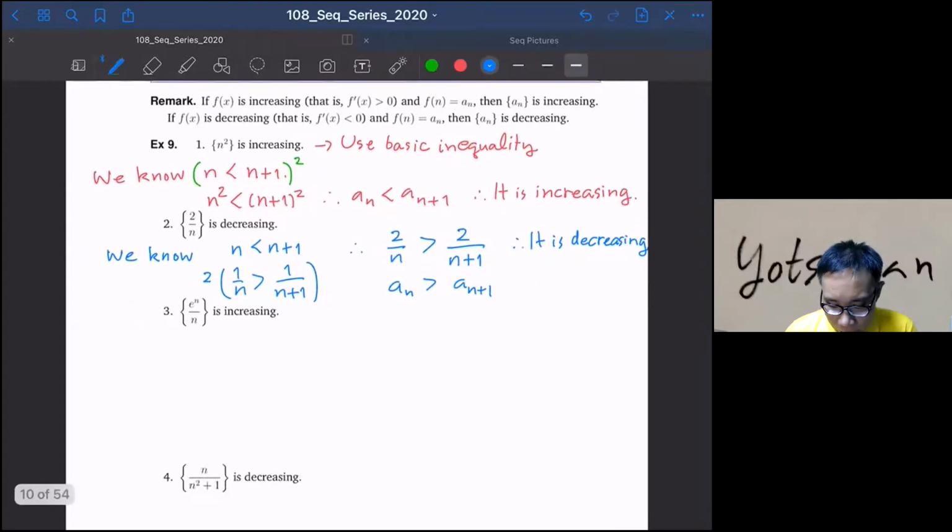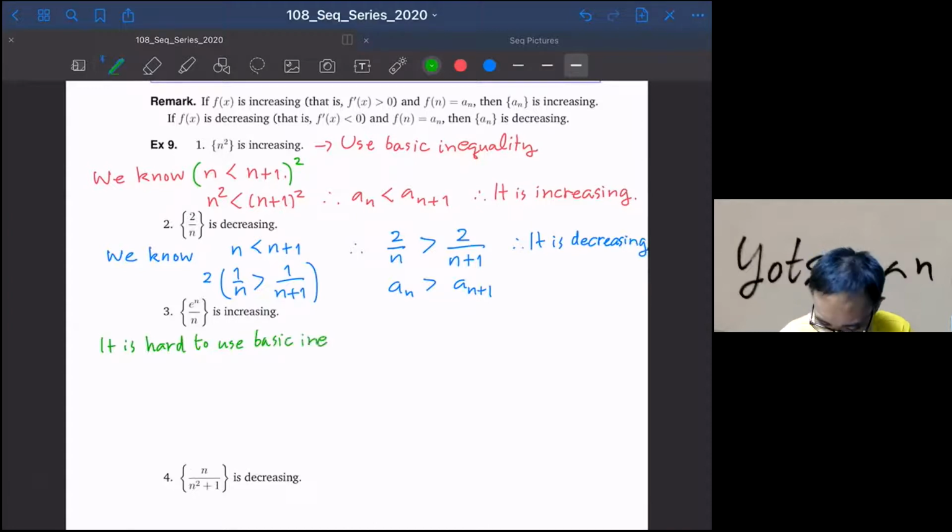For the next one, we will not be able to use basic inequality, because e to the n plus 1 is more than e to the n, which we know.